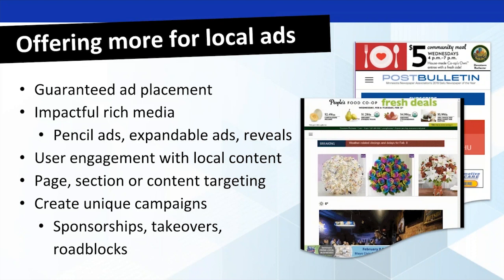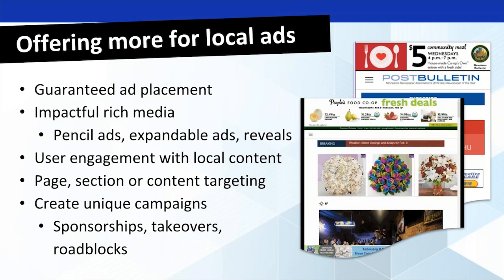So when you're thinking about what you're offering for local ads, it's important to think about what you can do for your local advertisers that absolutely cannot be done on programmatic and that will really make a difference to their business. Part of that is really impactful rich media, really attention-grabbing stuff. Part of it is, quite frankly, user engagement with the local content.